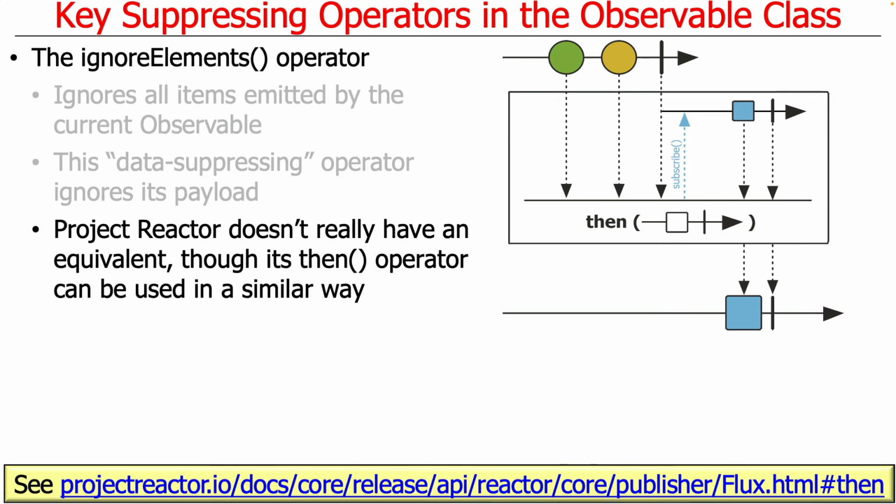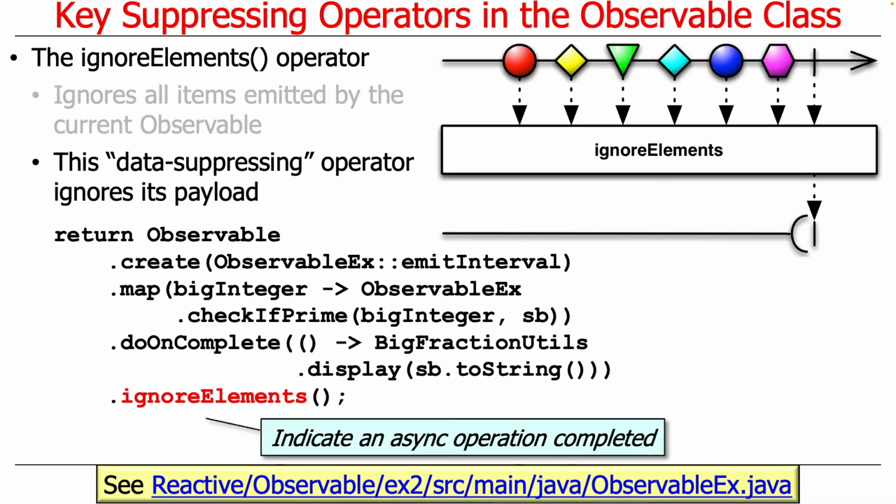In fact, the async task barrier for Project Reactor uses then as a trigger to indicate something's done, whereas the async task barrier for the RxJava framework uses ignoreElements or ignoreElement in order to be able to wait for the completion of something to know when all the tasks have finished running.